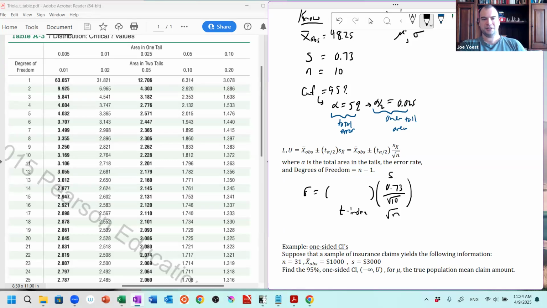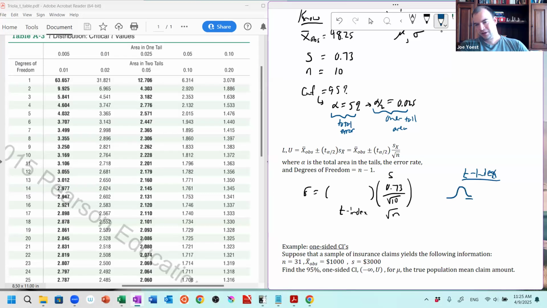We need to find our t index, and this is the real practically difficult piece of this, right? This is in the transition from the z interval to t interval. This is the piece that maybe is the most complex, and it's not even that bad. So for my t index, what do I need?